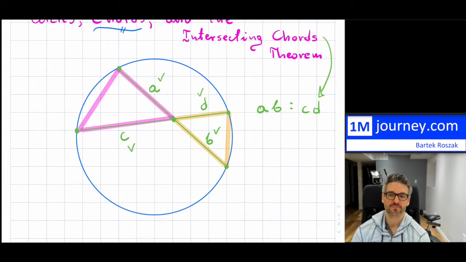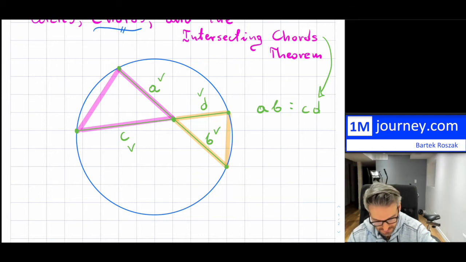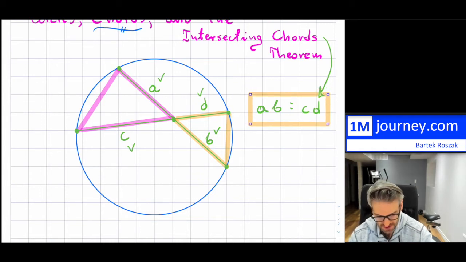Now, visually, you can even see that they're similar to each other. And that's the beauty of having these points on the actual circle. It only happens because they are actually on the circle. So it's a nice property within these circles that we have. And because these two triangles are similar, then we can have this nice property right here, which is just the intersecting chords theorem.